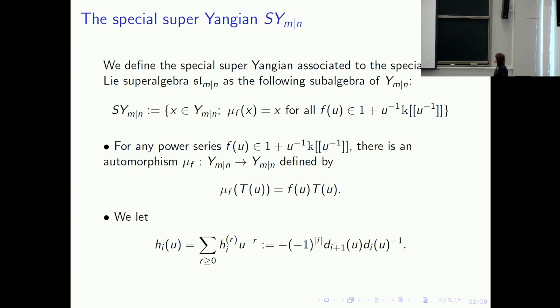In order to define the special super-Yangian, we use this automorphism. For any power series f mu, there is an automorphism mu_f, defined in this way. Then with this automorphism mu_f, we define the special super-Yangian associated to the special linear Lie superalgebra s_{M|N} as the following subalgebra of Y_{M|N}.